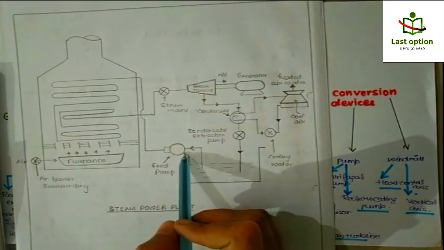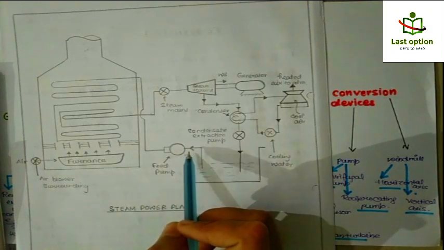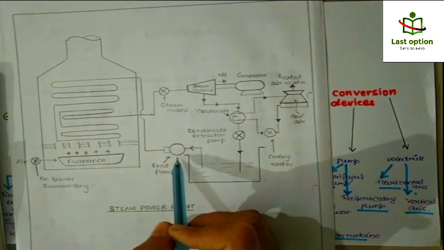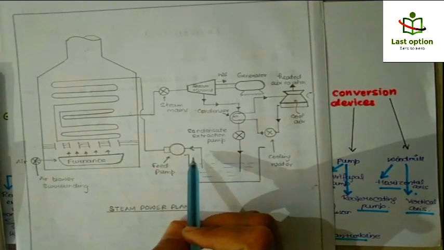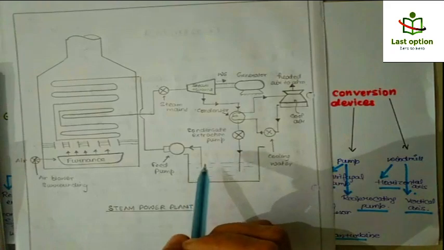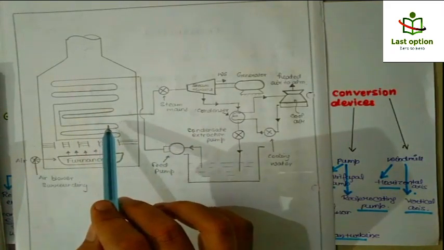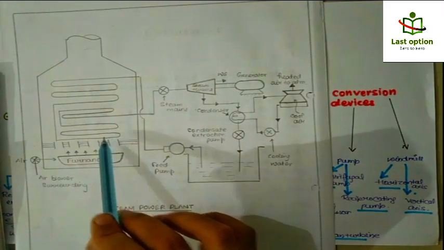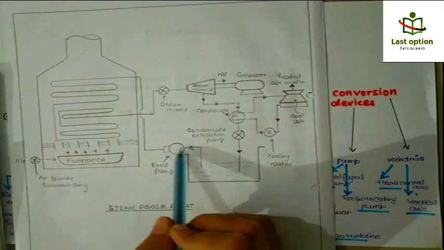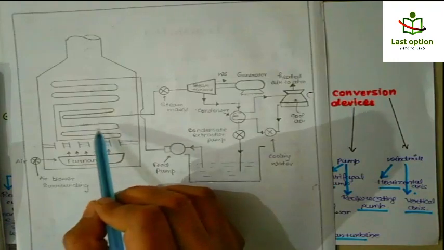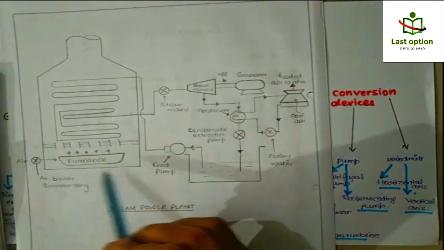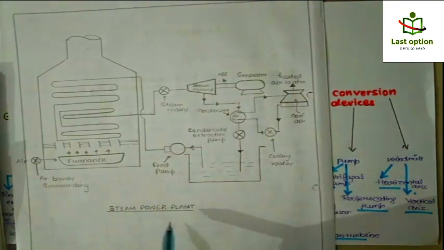So the collected amount of condensate is fed back to the boiler by this feed pump, and this condensate is already a bit hot, because we do not want to waste the energy that we had used to make the steam. So this water is hot, so a smaller amount of heat is required here again to make it hot. So this is all about the steam power plant. You can also say it is a thermal power plant.